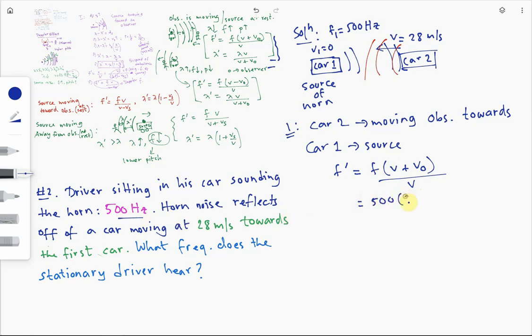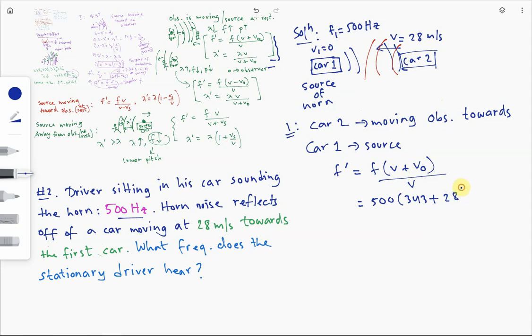The speed of sound is 343 at room temperature in air, and the speed of the observer is given to us to be 28. Now these are scalar quantities, and when we talk about frequency shifts and the Doppler effect, all of the wave business, we just consider the speed, that is the magnitude of velocity.